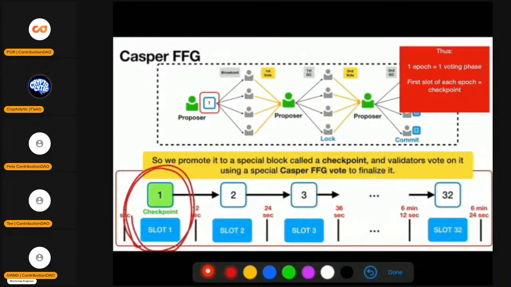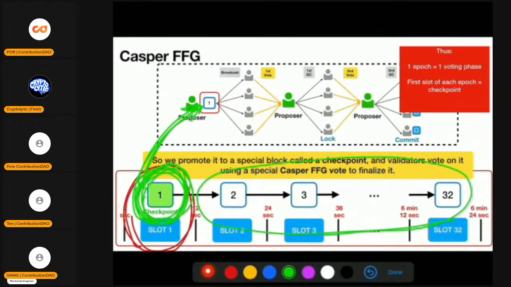The first slot in the epoch is called a special slot, a checkpoint. If you map this one to this one, it's quite similar, because as I said, it can receive all votes from the validators.